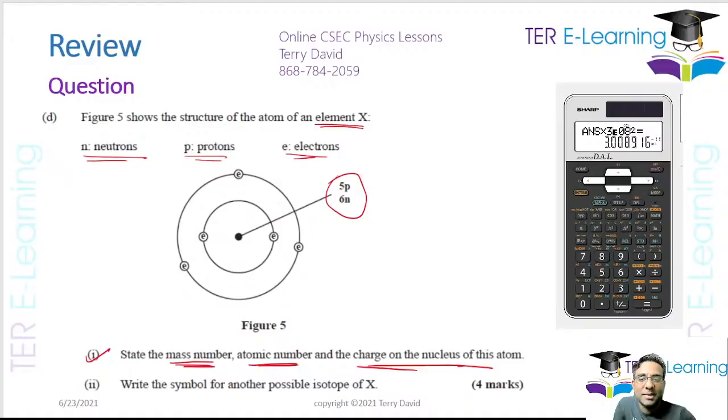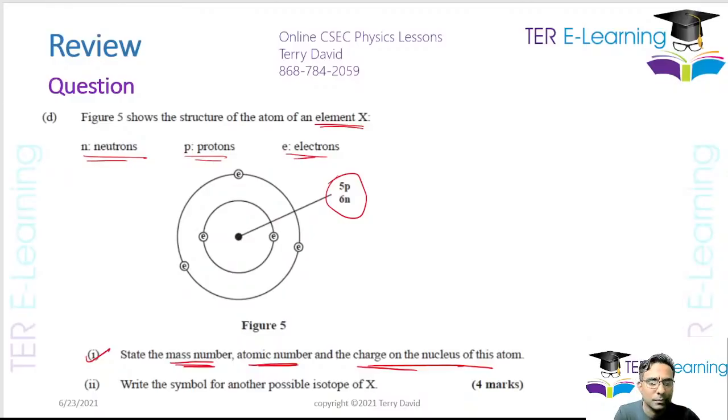Could you all tell me what is the mass number? Let me just remove the calculator here. We don't need that right now. So tell me, what is the mass number here?